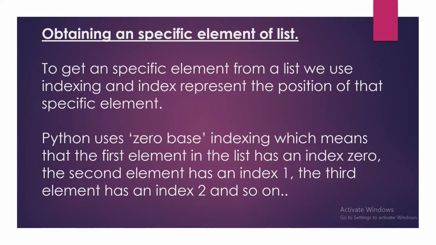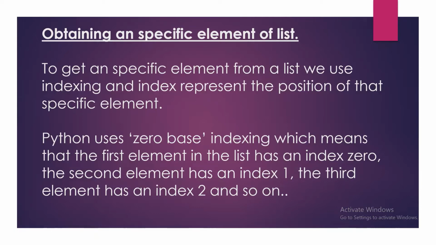We were discussing how we can get a specific element from a list. To obtain that specific element from the list, we have to use index or indexing. And an index is basically the position of that element in the list.